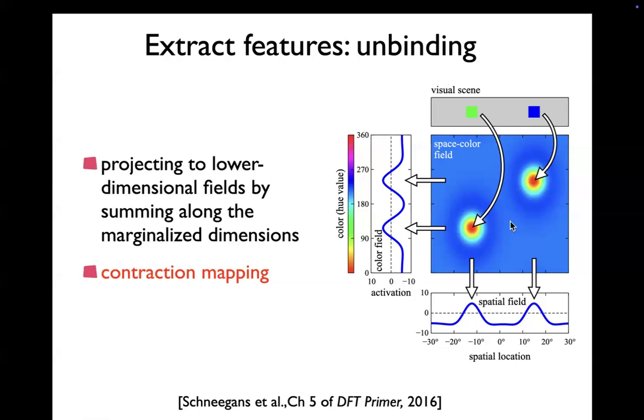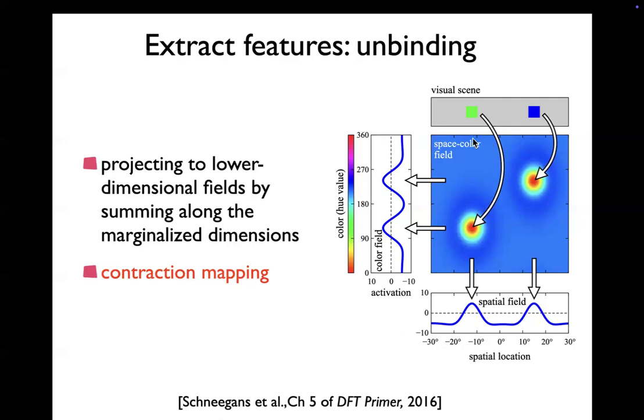So for instance, if there's a peak here, the sum across the horizontal would induce an input to this hue field, and similarly across this location along the color axis, summing across space would give some input, while up here, for instance, there is no suprathreshold activation, so summing does not give any input to this field. So you would have these two peaks that represent green and blue.